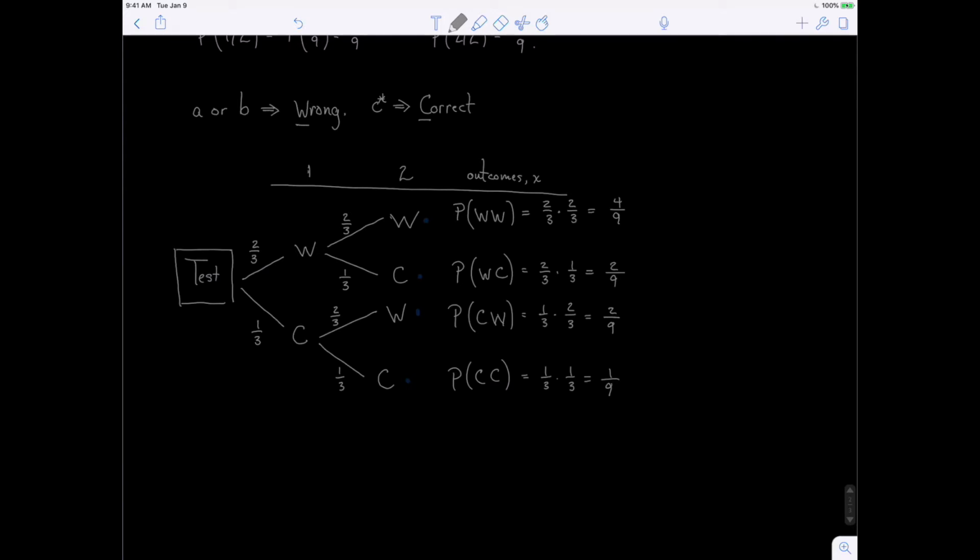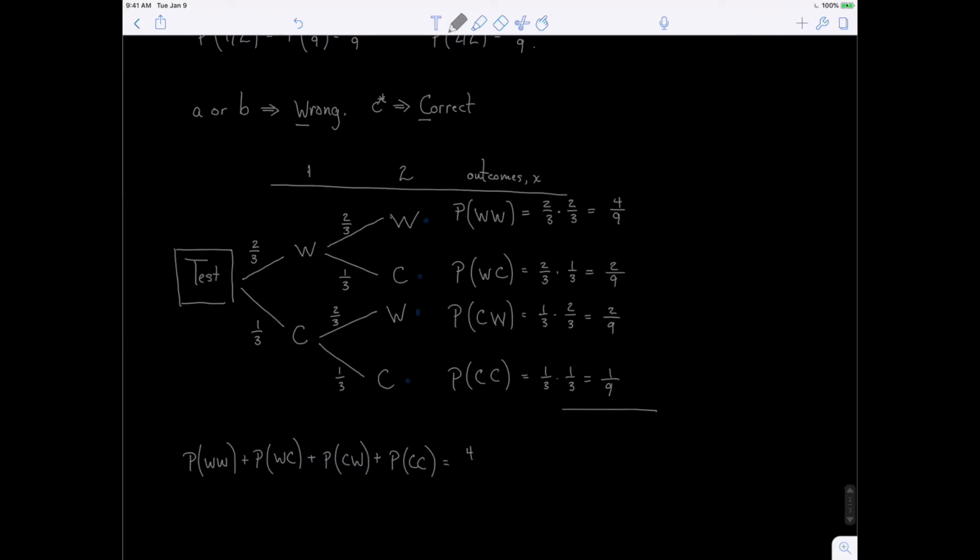Well, wait a minute. Let's think of it this way. If I was to add all of these up, I would add 4/9 plus 2/9. So let's write this out. The probability of a wrong and a wrong plus the probability of a wrong and a correct plus the probability of a correct and a wrong plus the probability of 2 being correct.